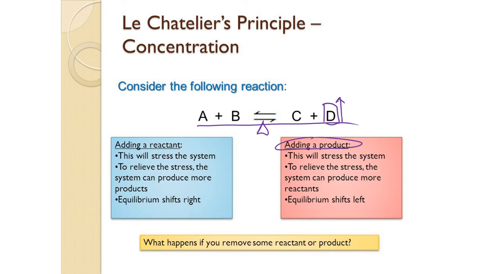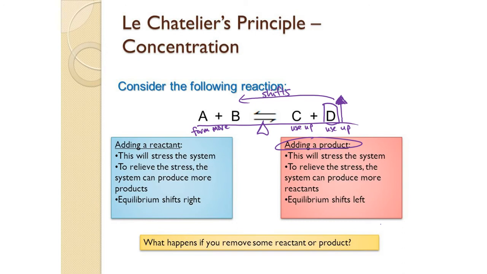So that concentration increases, and this system will adjust for that by shifting to the left. When it shifts left, it's going to use up some of this product D, and some, not all, of this product C, and we're going to form more A and more B.